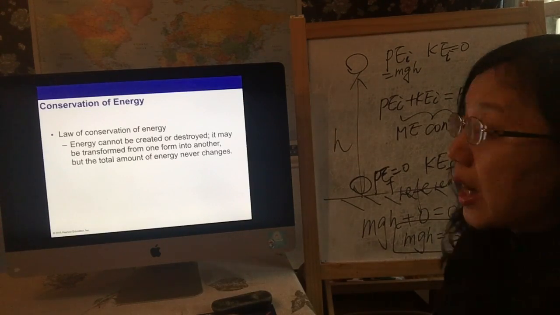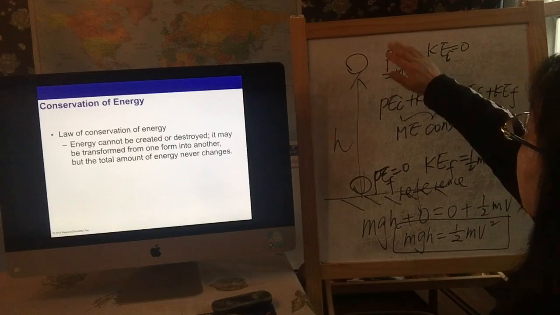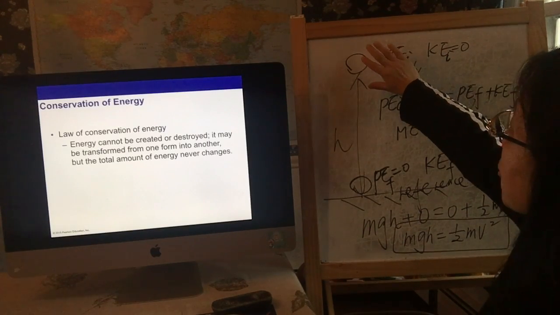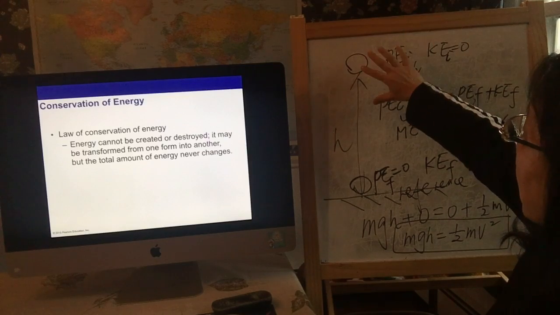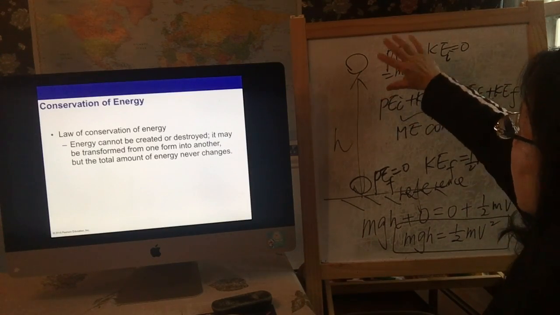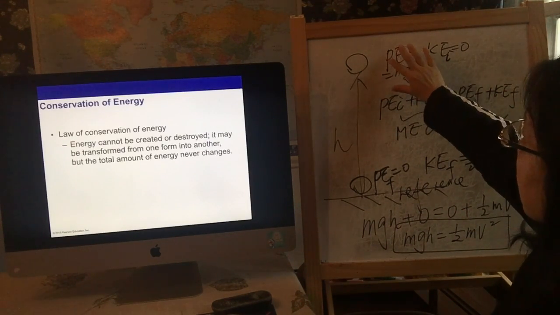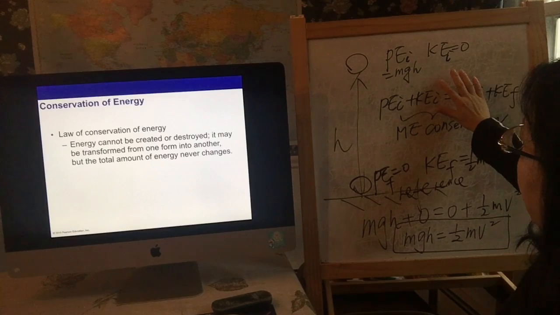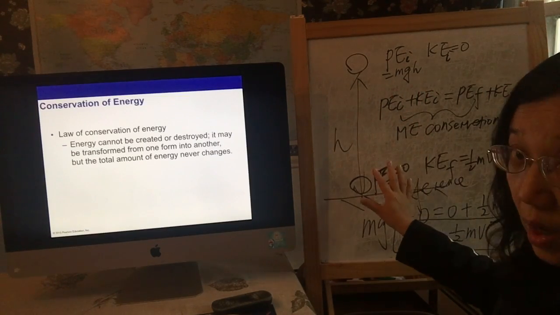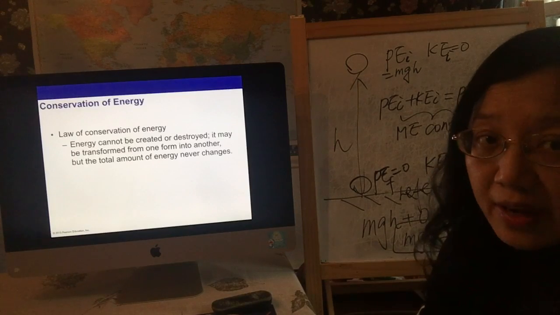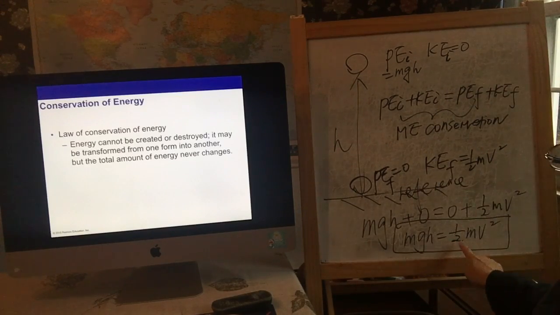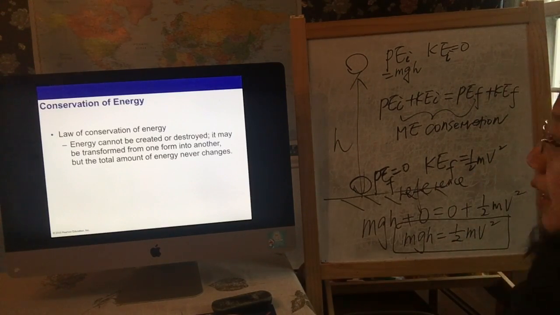During this process, the potential energy initially has the maximum, and kinetic energy is 0. But once the ball is moving down, potential energy is converting to kinetic energy. The potential is getting smaller and smaller, but the kinetic energy is getting bigger and bigger. Eventually, the final position is all converted to kinetic energy.